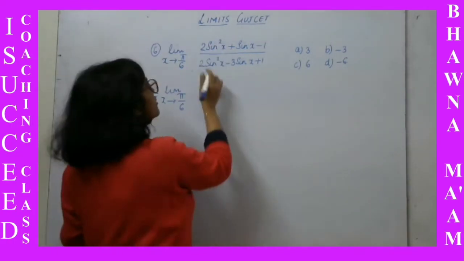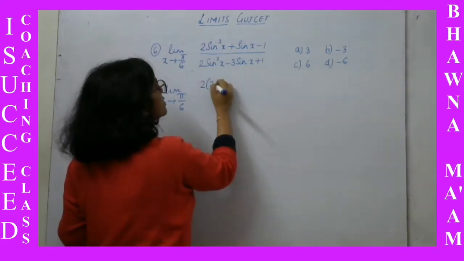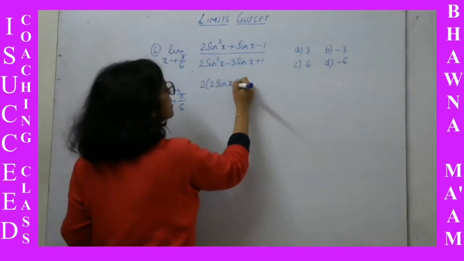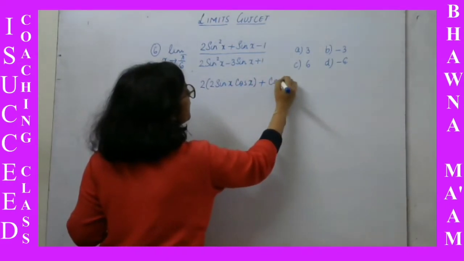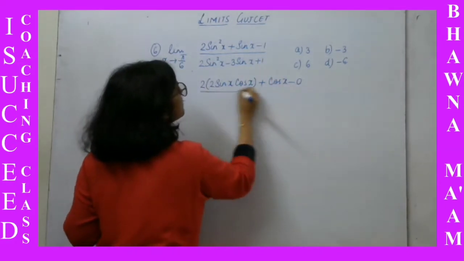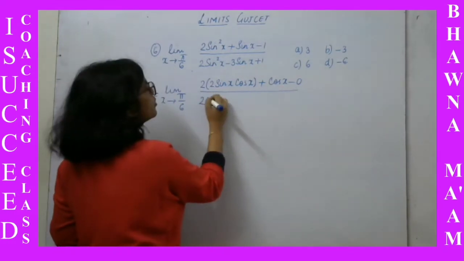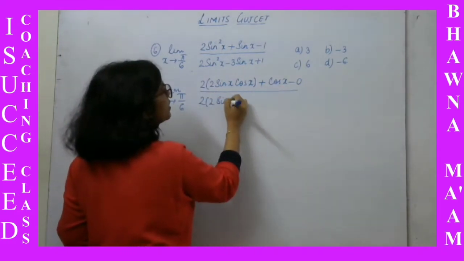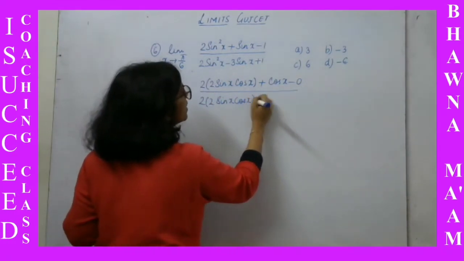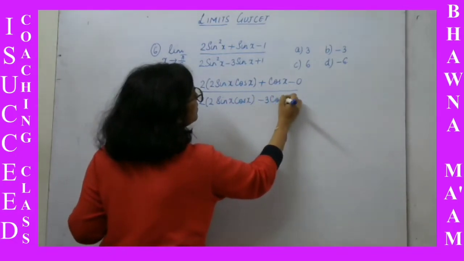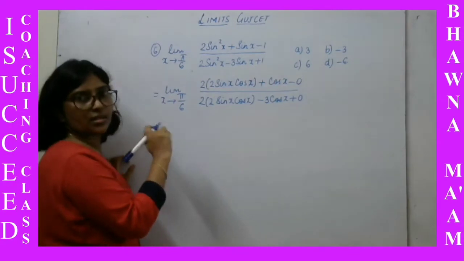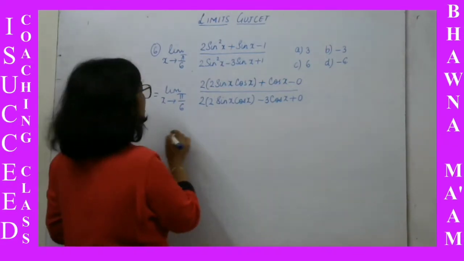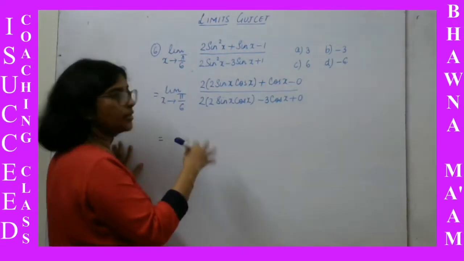So what is the derivative of this? 2 sin x, sin square x gives 2 sin x, and sin x derivative is cos x. Same here, and derivative of 1 is 0. Follow the same in the denominator, that is, differentiate each and every term that we have here. Now once again substitute pi by 6 and see. If it becomes non-zero, we can find it. If not, you can differentiate it again.